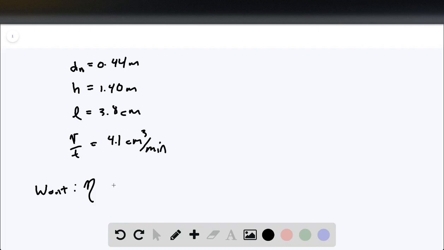We can just look through the textbook in chapter 10 and find an equation that uses maybe all or at least some of these variables, so that we can get an equation for the viscosity in terms of what we are told in the problem. And you'll probably come across Poiseuille's equation.